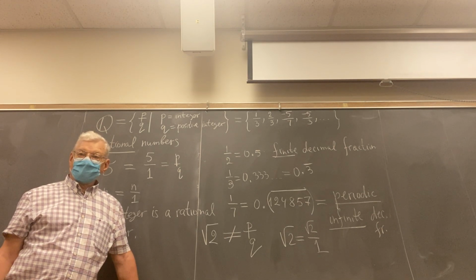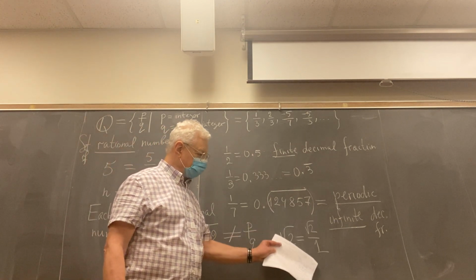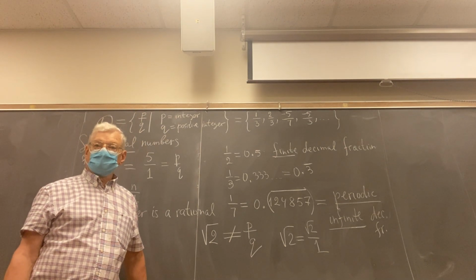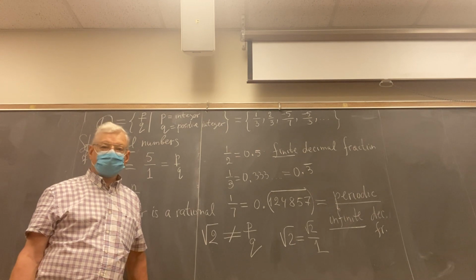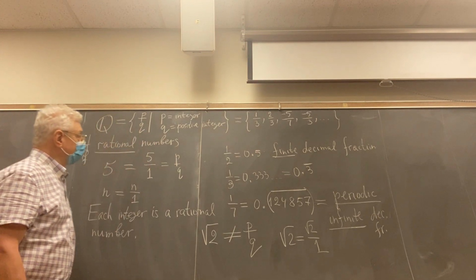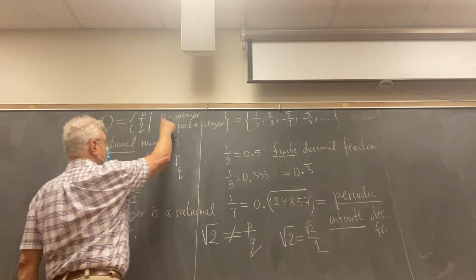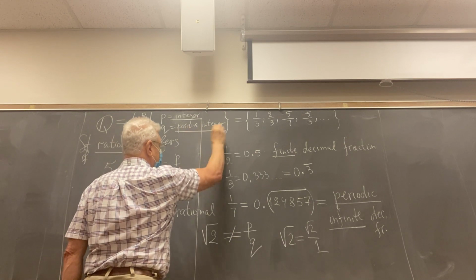Okay, I represent this number as a ratio, as a fraction. Look here again. Fraction, and what's written for P? Integer. What's written for Q? Positive integer.